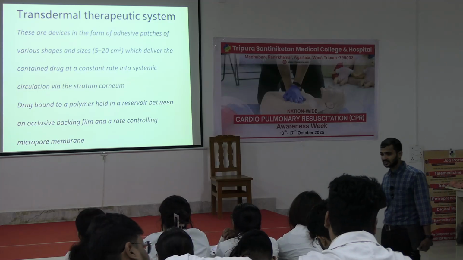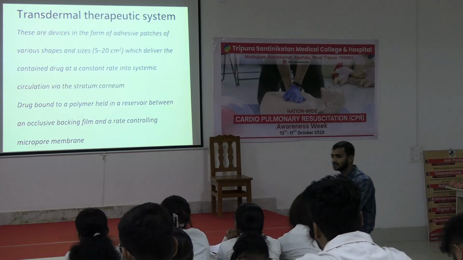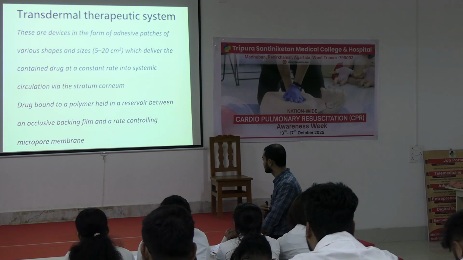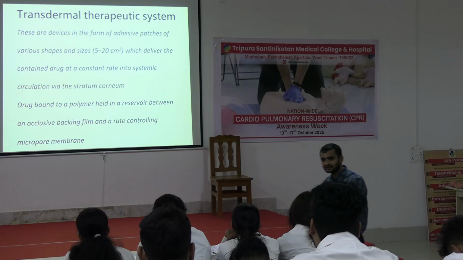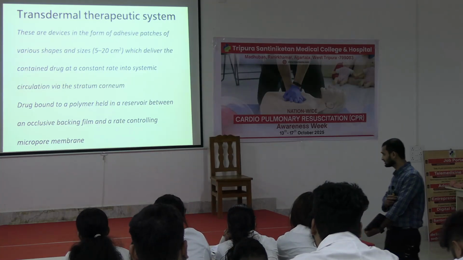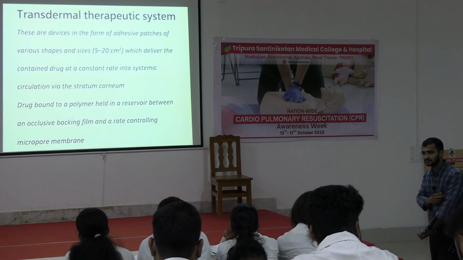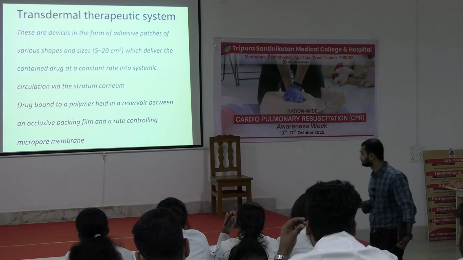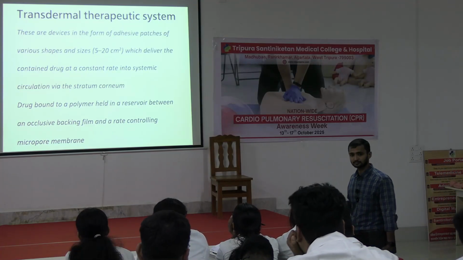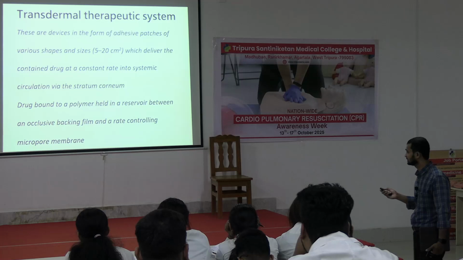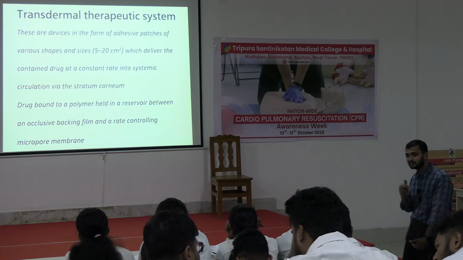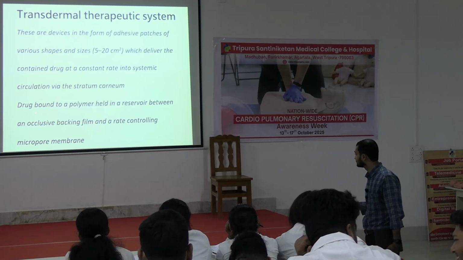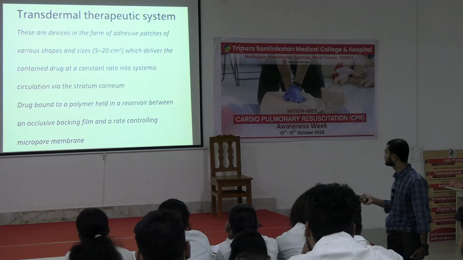So these contain adhesives, which attach directly to the skin, and from the skin at a constant rate the drug goes inside to the deeper structures. This rate is controlled by the micropore membrane.